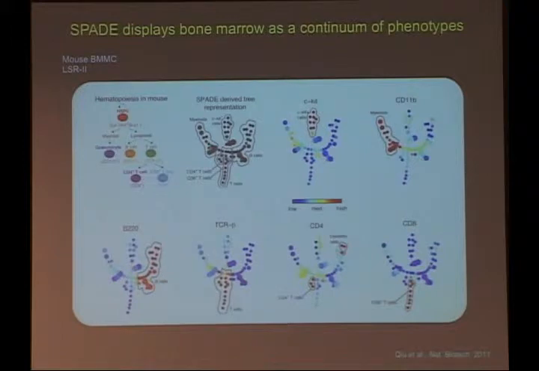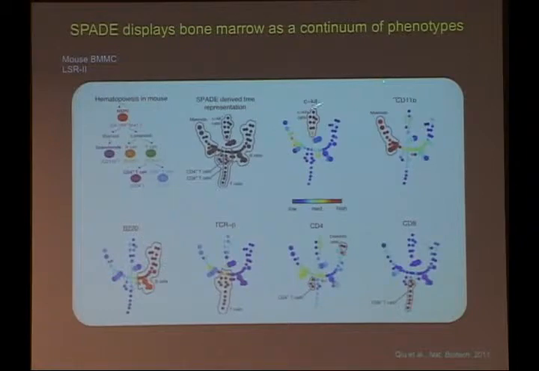And he looked at a bunch of markers that are typically used for breaking out certainly T cells and B cells and subsets of T and B cells and monocytes, but also c-KIT to pick out more immature cells. And then plugging all of that data in a very unsupervised way into SPADE, it gave out a tree structure like this. So the 9 parameter data is now distilled down to 2 dimensions on the page here.